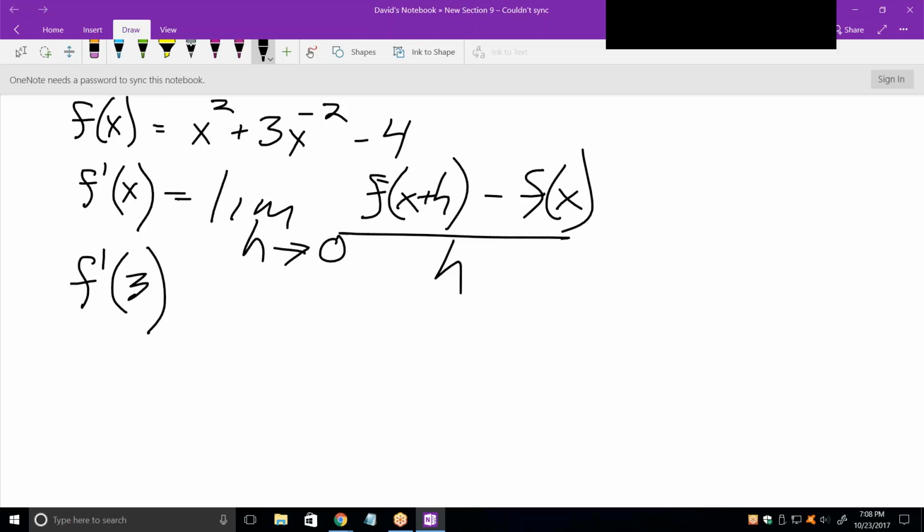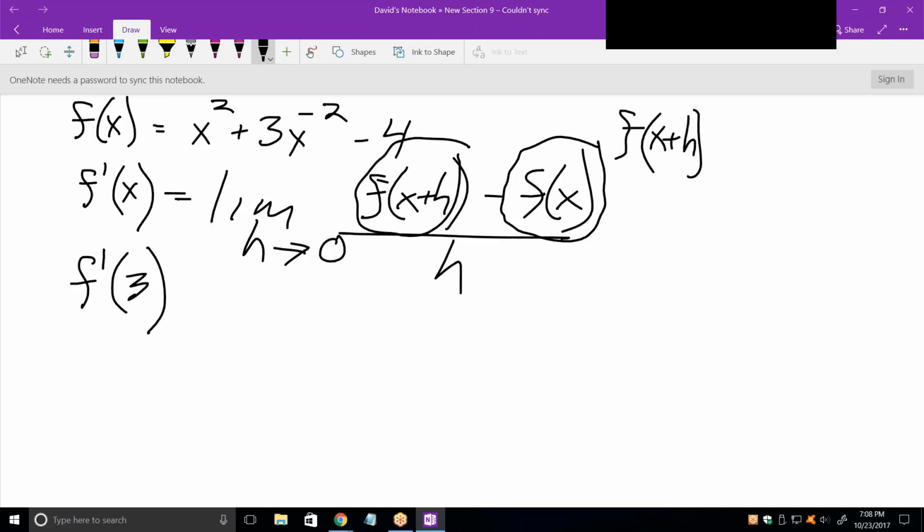Okay, well, the way to do it is, we know what f of x is, right? What we need to figure out is what is f of x plus h.